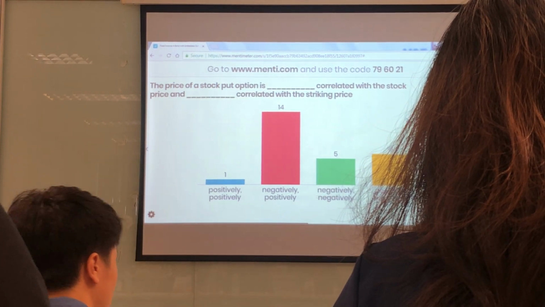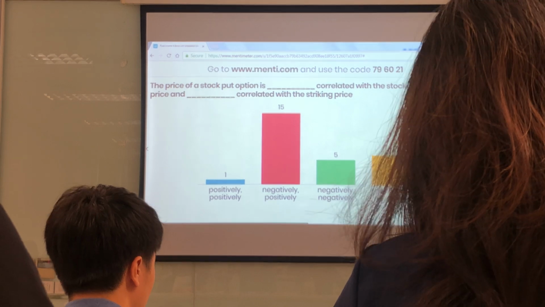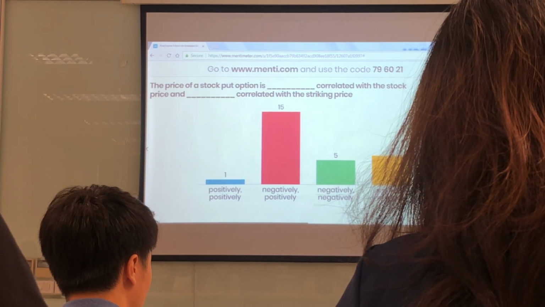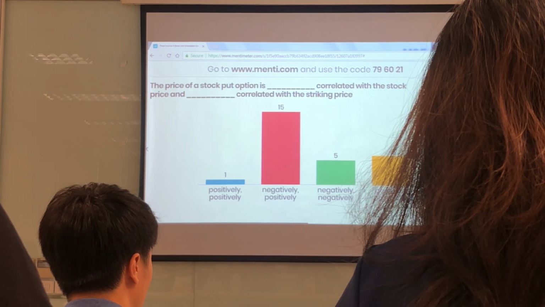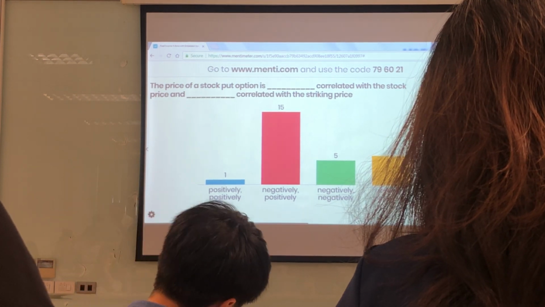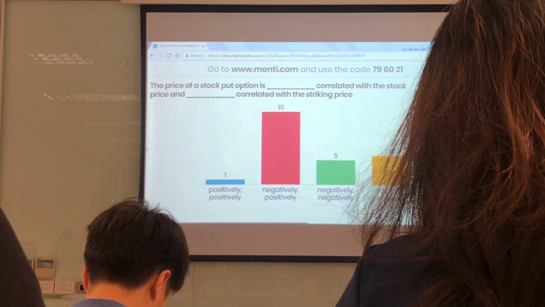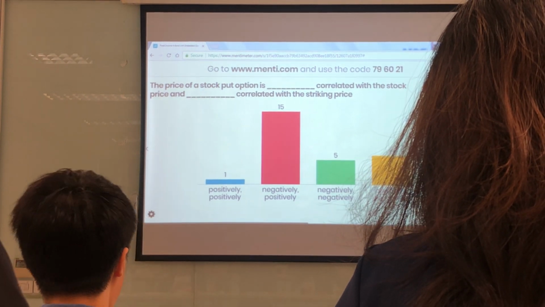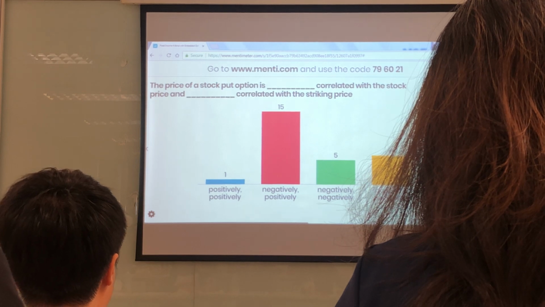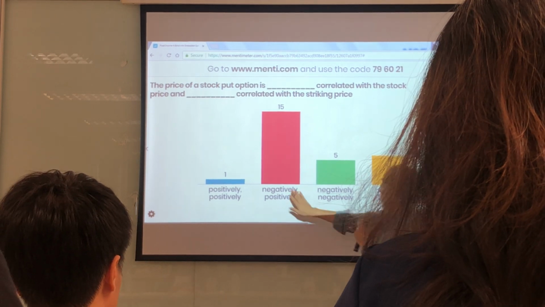So they have to charge a higher value for the put option, because when the strike price is high, there is a higher chance that this put option will be exercised. So this one is already correct.